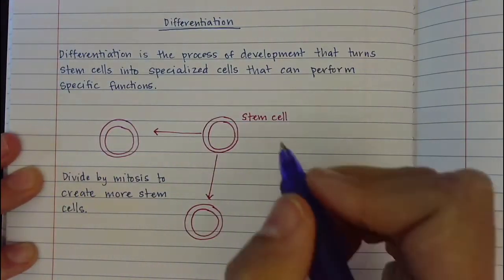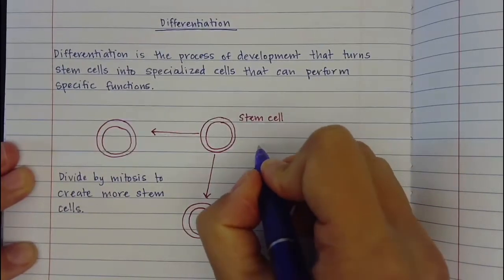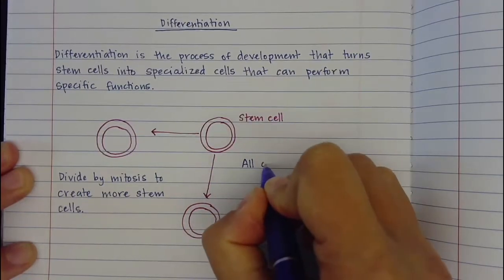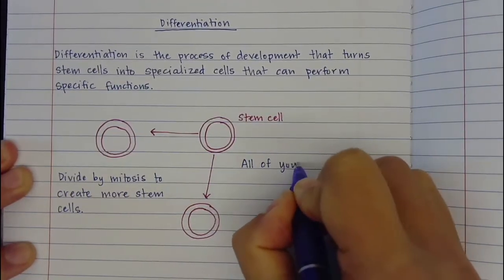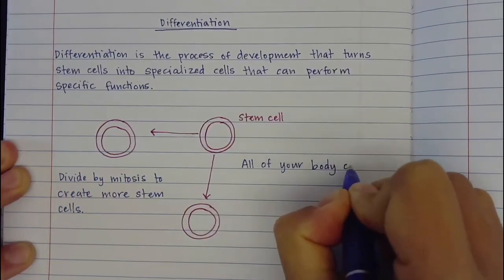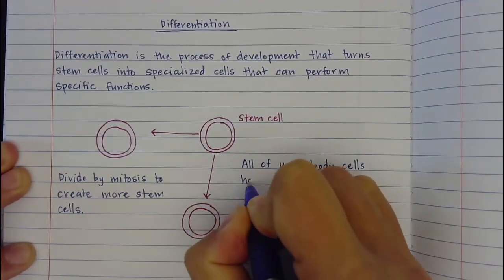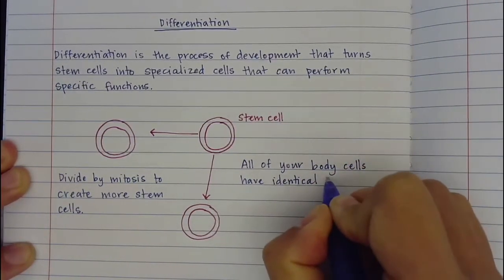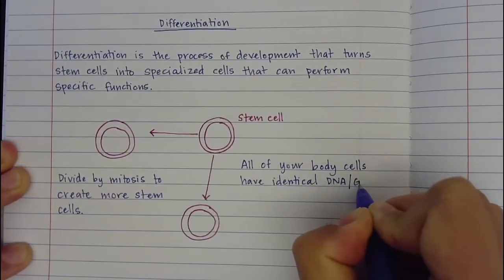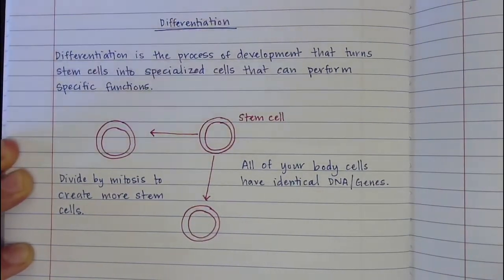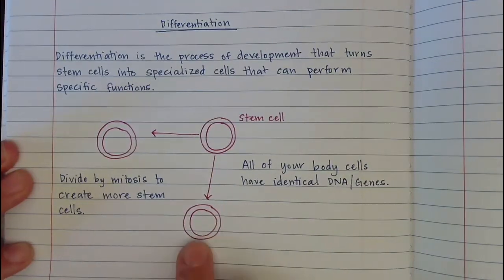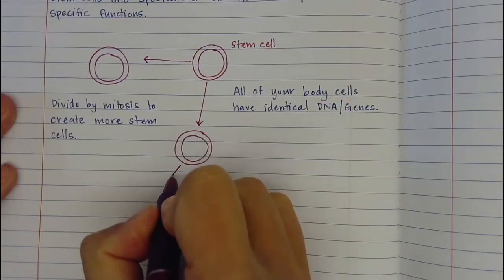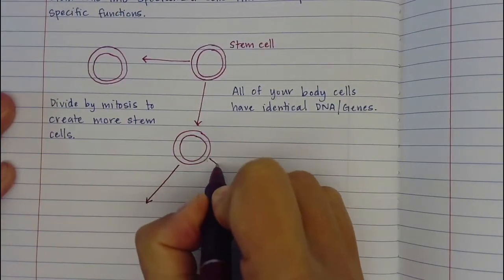And it's important to note that all of the cells in your body have identical DNA or genes. So this cell can also divide because it's a stem cell, and you're going to get more stem cells.